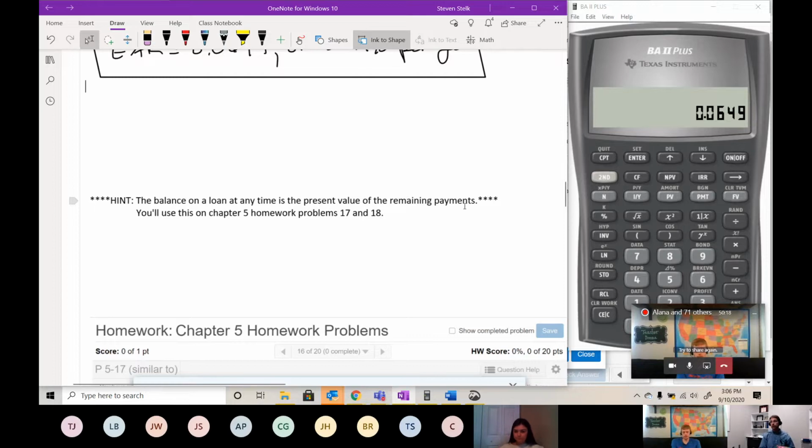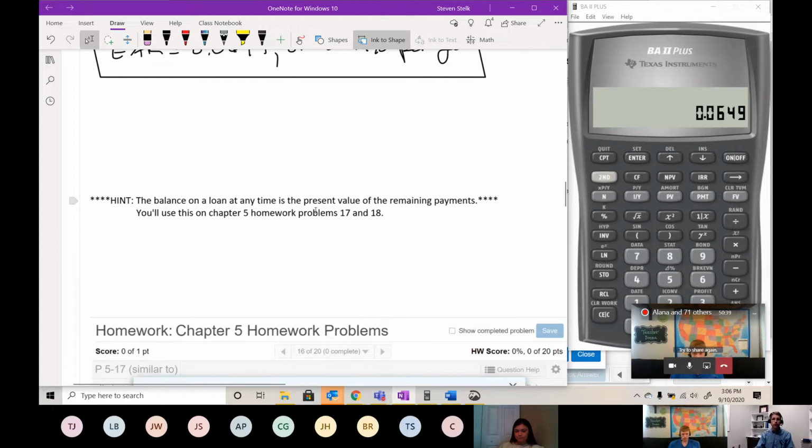If you've made payments for 5 years on a monthly mortgage, you've made 60 payments. If it was a 30-year mortgage, that's 360 months, and you made 60 of them. So you would find the present value of the 300 remaining payments, the payments that you have yet to make.